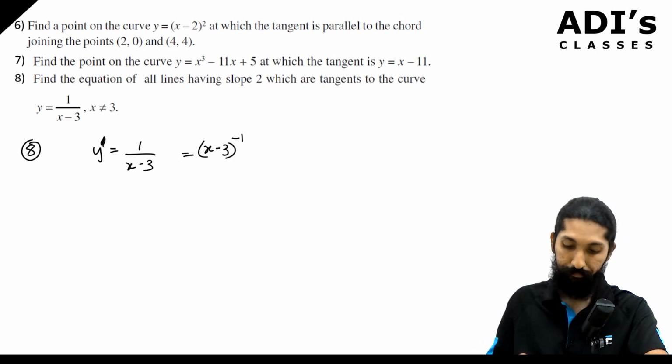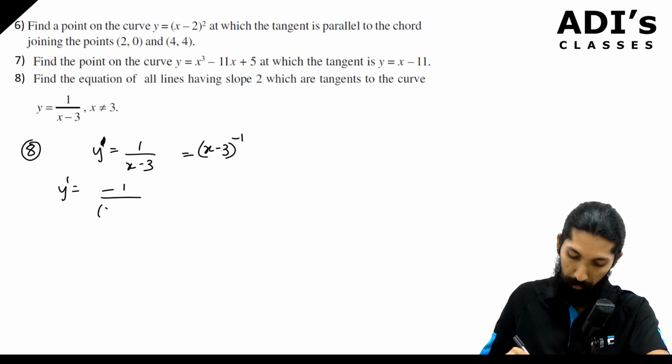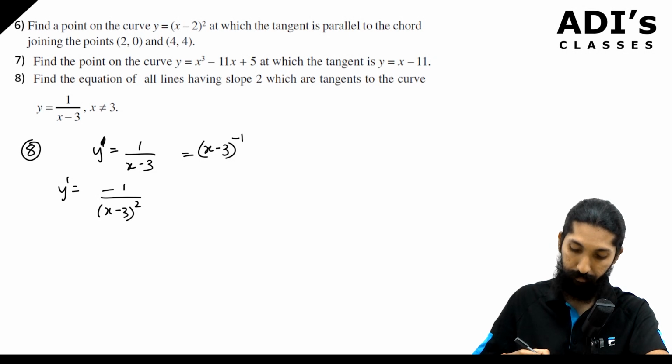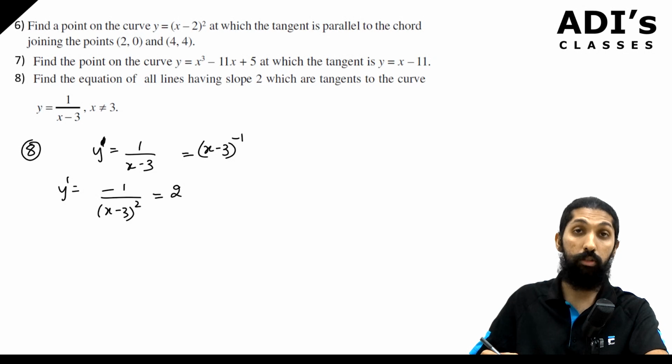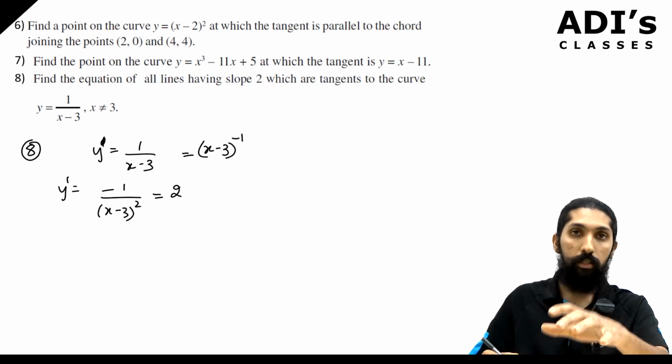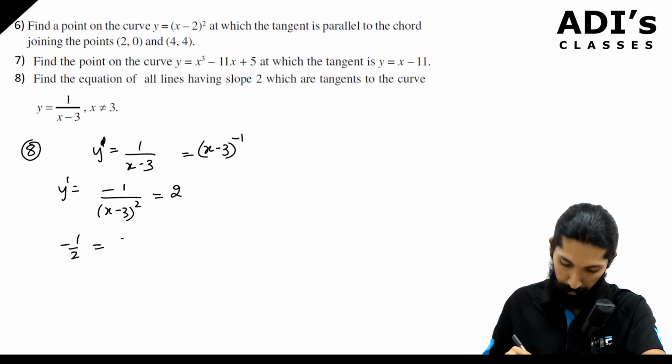Correct? So y dash becomes minus 1 by (x minus 3) whole square. Isn't it? And this value is nothing but 2 because the slope is 2. Since the slope is 2, now what we are going to do? So minus 1 by 2 is equal to (x minus 3) whole square.